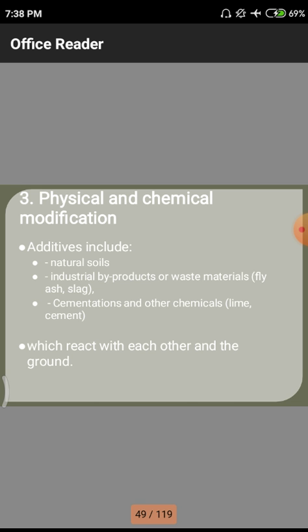We have to create a bond between coarse aggregate and fine aggregate by using lime and cement-like materials. So these cementitious materials are normally used to decrease the voids in between coarse aggregates, using cement-silica paste, which reacts with each other at the ground level and decreases the voids and penetration of water into the subsurfaces.